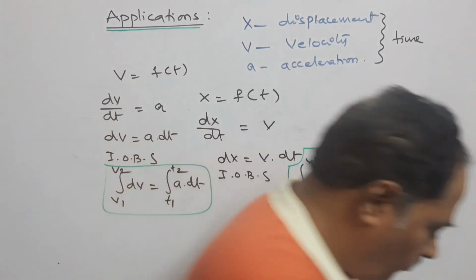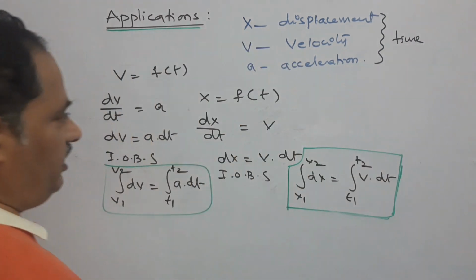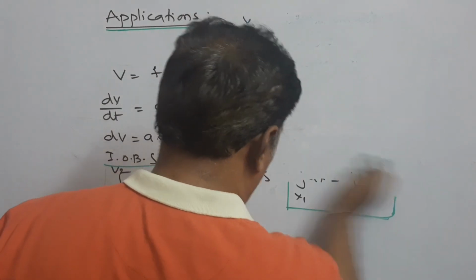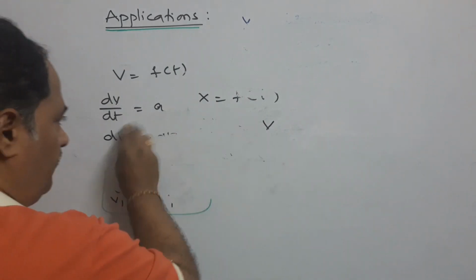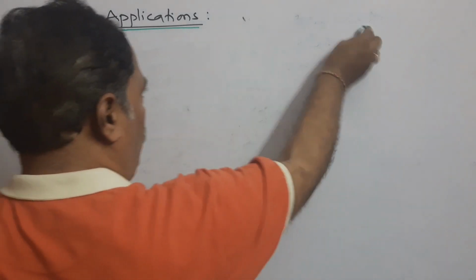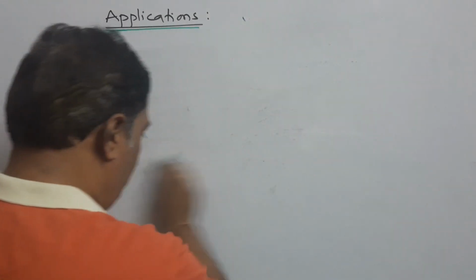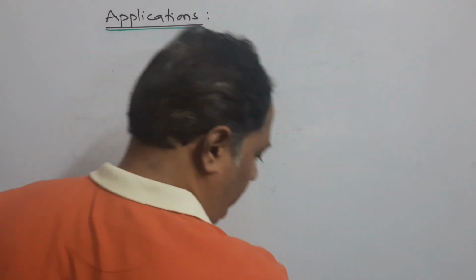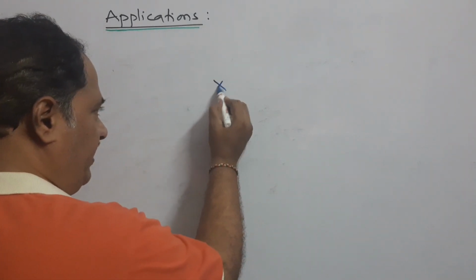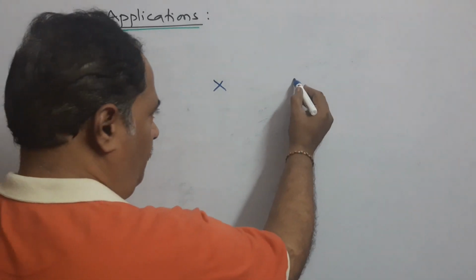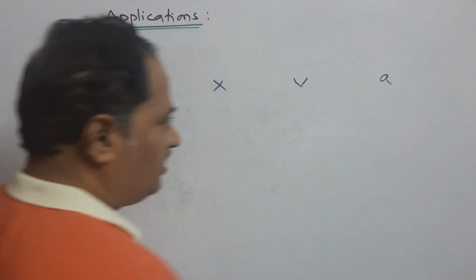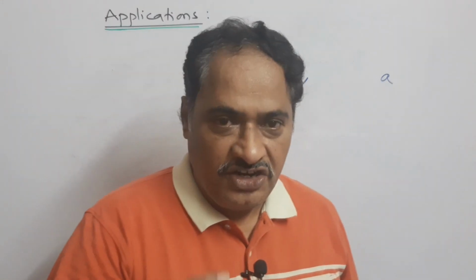So, I will give one simple example regarding these two, which is known as the loop formula or loop method. Without facing any confusion, simply you may go through these values. That is x, as I said, displacement, v is nothing but velocity, a is nothing but acceleration.